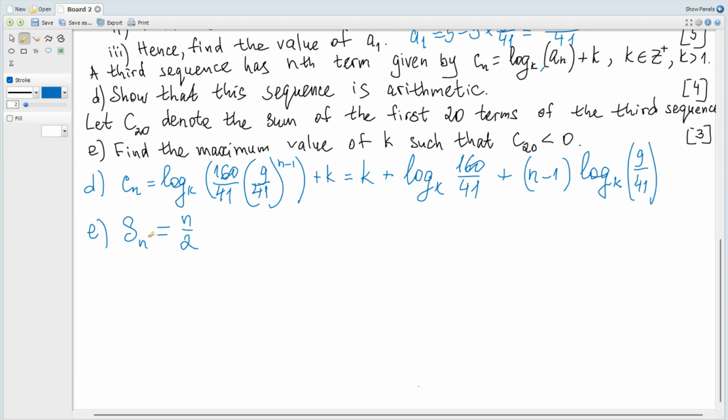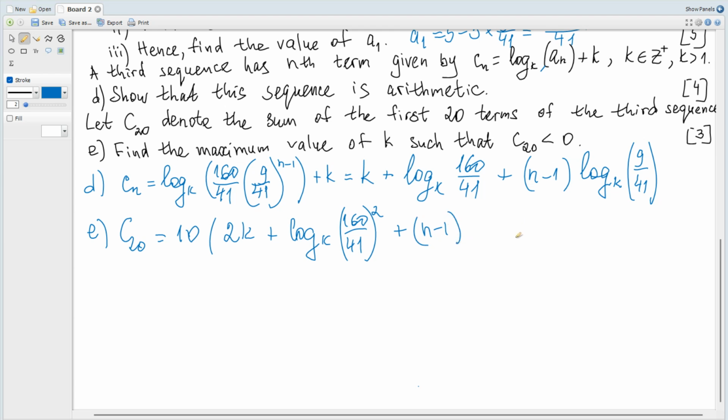So C20, the sum of the first 20 terms, becomes 20 over 2, or 10, multiplied by 2 times u1, which is k plus log to the base k of 160 over 41 squared, plus n minus 1, which is 19, times log to the base k of 9 over 41.